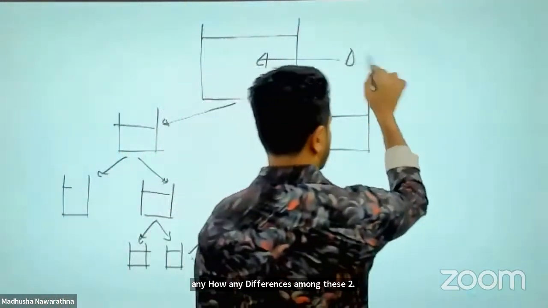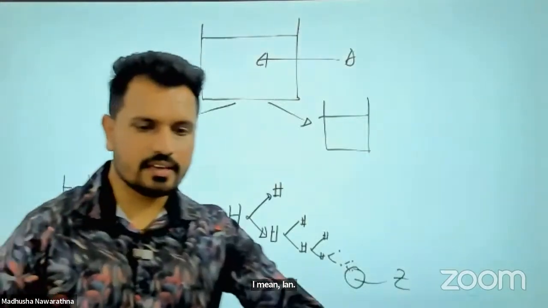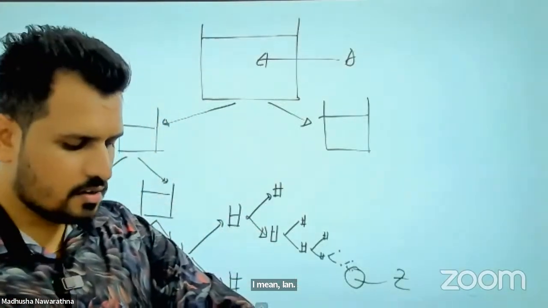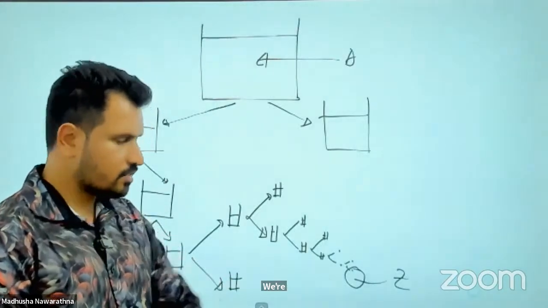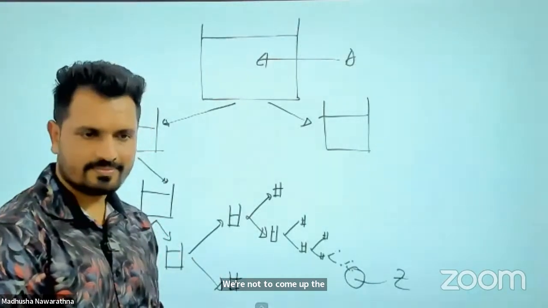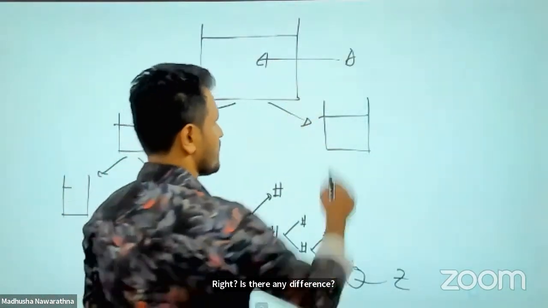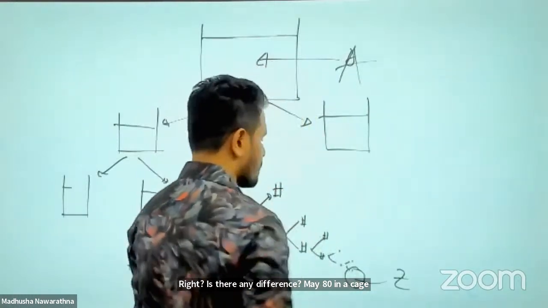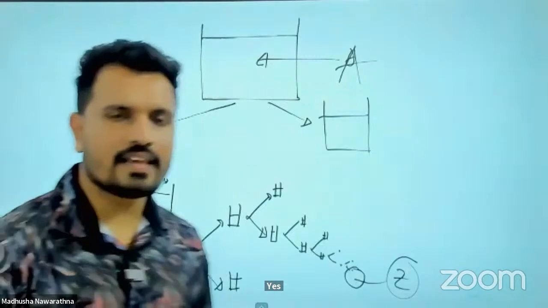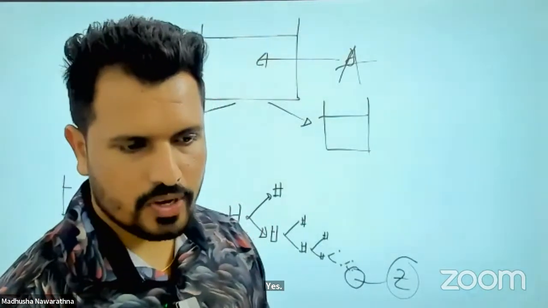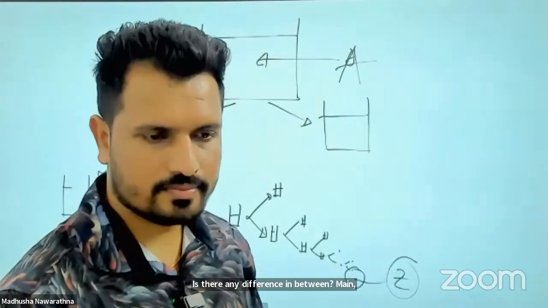I mean A and Z. වෙනස්කමක් තියෙද? වෙනස්කමක් නැද්ද? Right? කියන්න බලන්න. Is there any difference? මේ A කියන එකේ ඒ කියන්නේ ස්ටාර්ට් එකේදී ගත්ත water sample එකේ Z කියන අන්තිම water drop එකේ වෙනසක් තියෙනවද නැද්ද? Is there any difference in between main container and the last one?